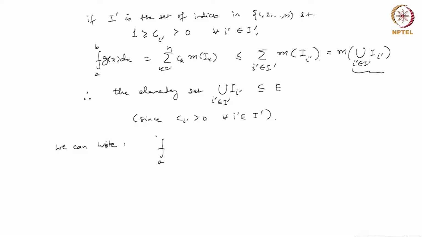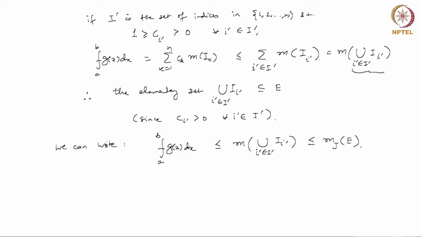And so we can write that the piecewise constant Riemann-Darboux integral for g is less than or equal to the measure of the elementary set, which is the union of I_i' over i' in I', and this is less than or equal to the inner measure by the definition of the inner Jordan measure.